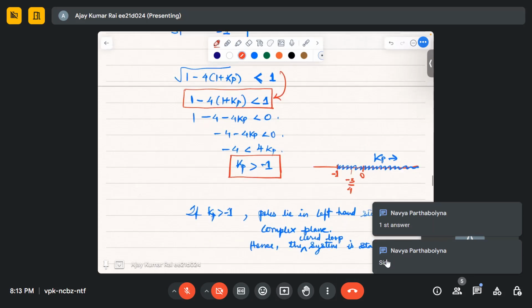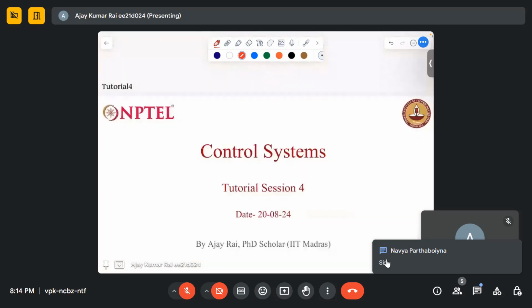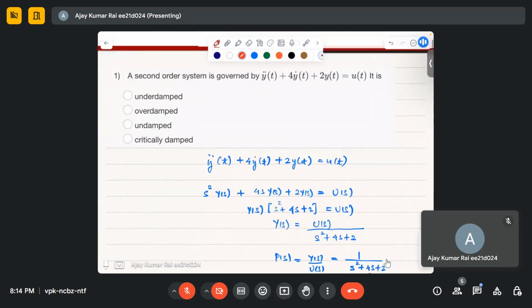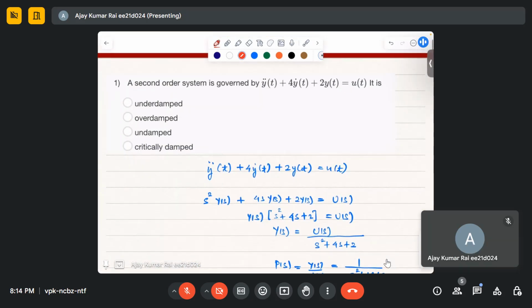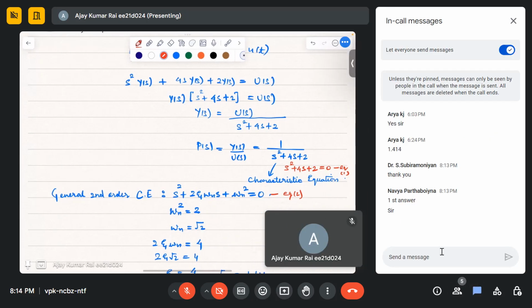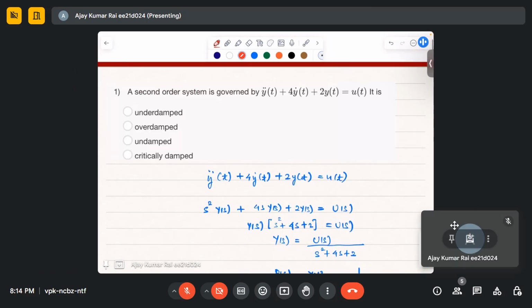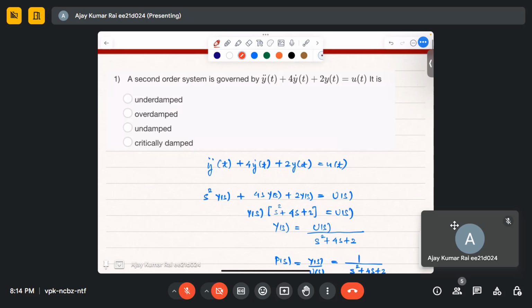Okay, first answer. Go to the first answer. This one you're saying? A second order system is governed by this? Or which answer? Be specific, like which question number? Because I think question number 1 is very straightforward.